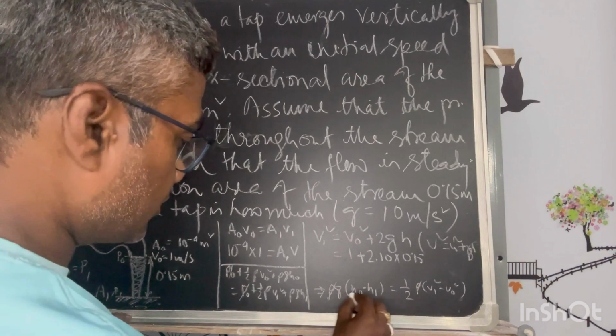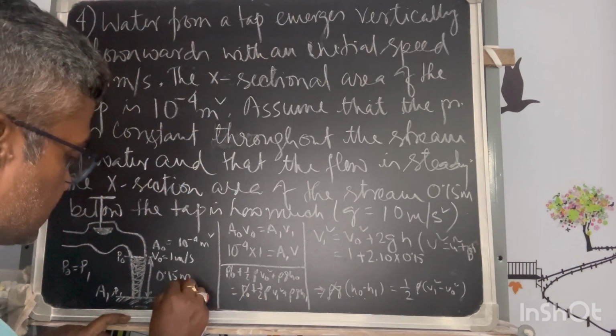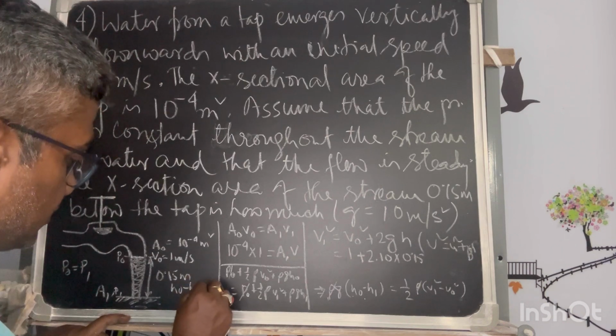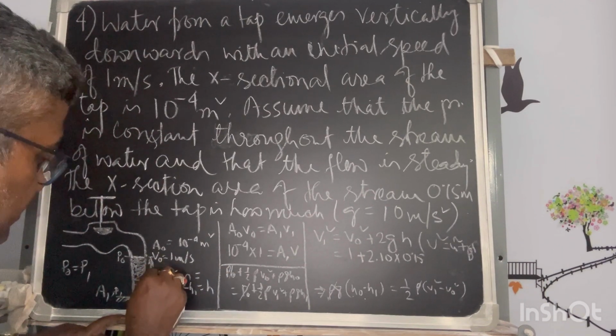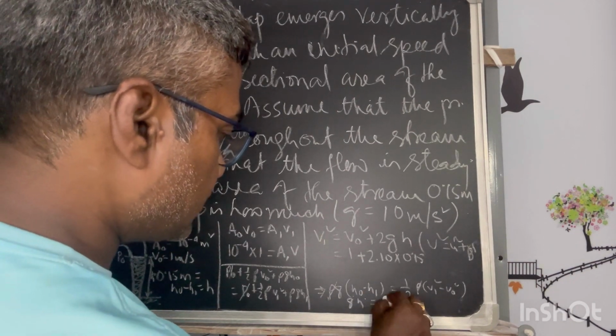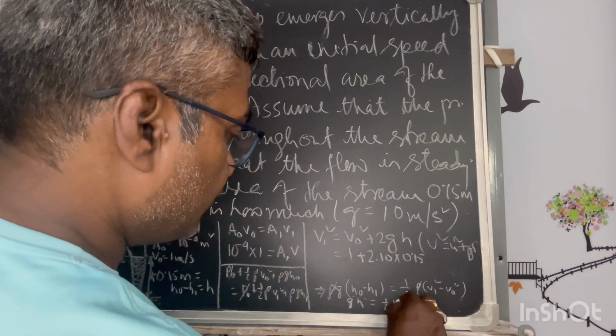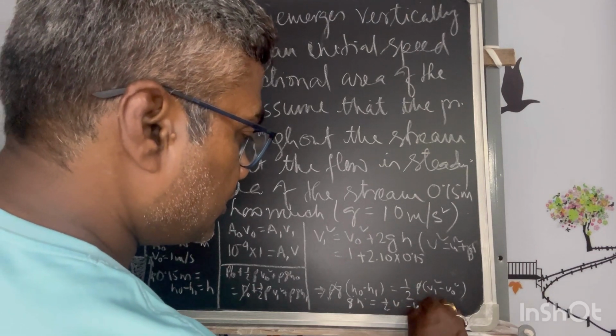So this is actually h0 minus h1 equal to this height h. So you can denote this as h. So g into h is equal to half into v, the final velocity, v square minus u square.